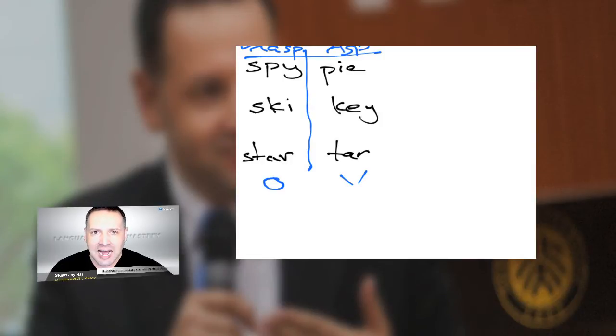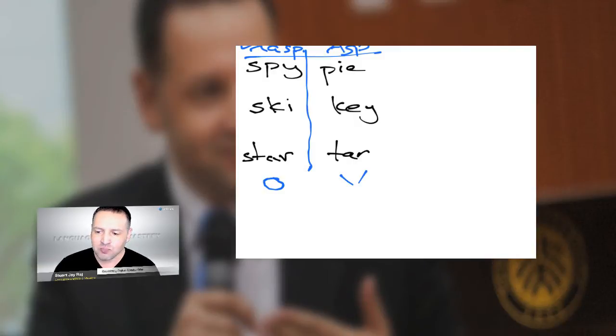Spy, pie, pie. So you can see that pie versus pie. Ski, key, key. Now notice that this isn't a G. G would be g, with my voice activated. It's just starting with my throat closed. Gi, versus key.